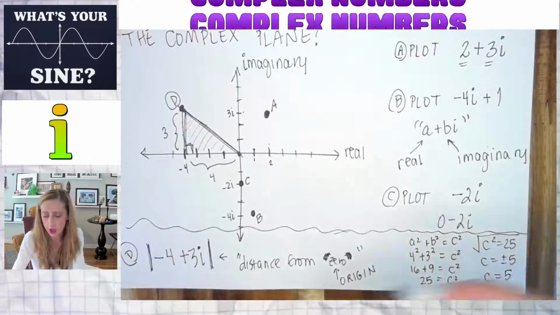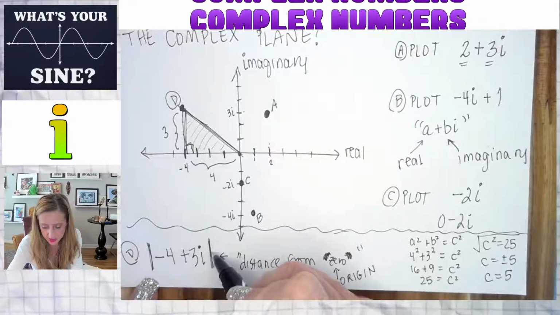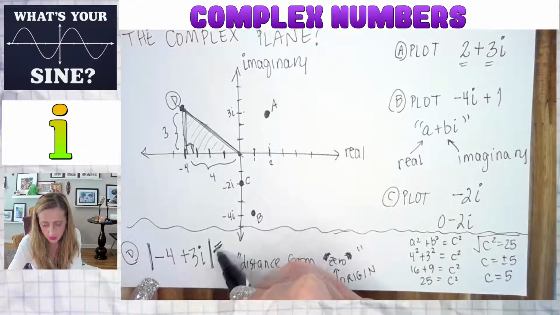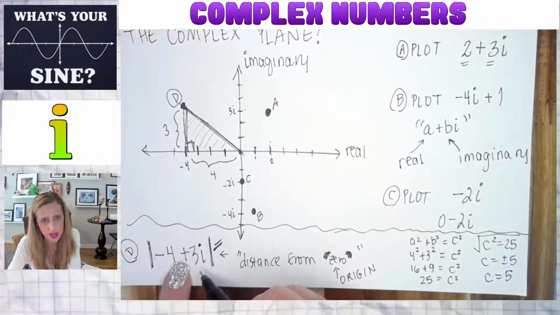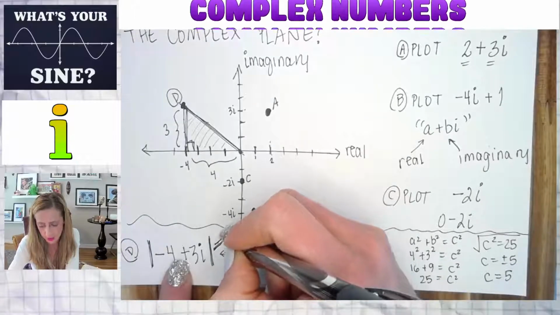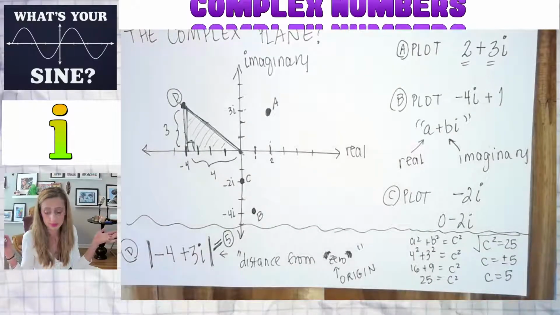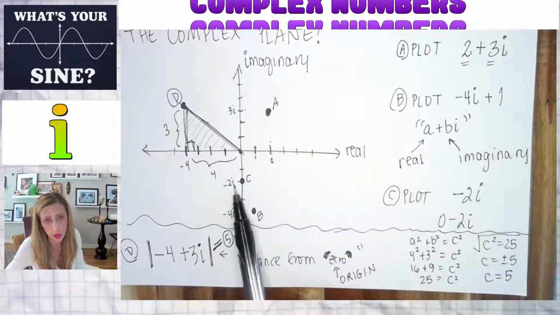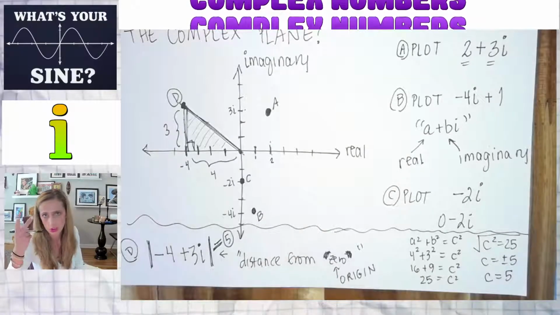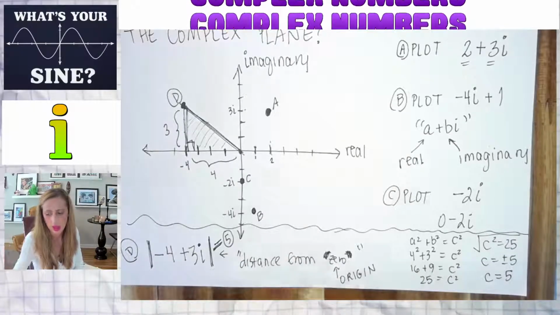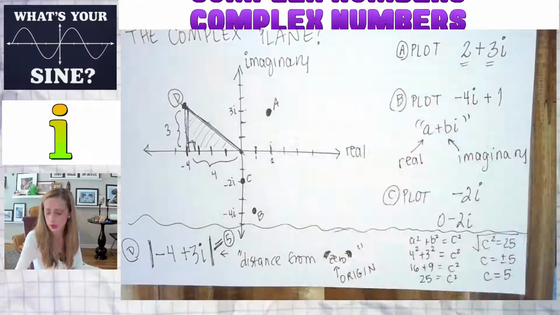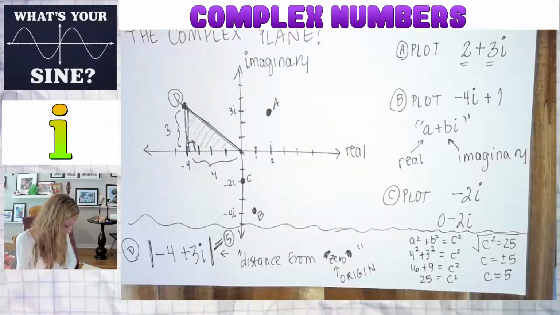That's 5. So that means the answer to the absolute value of that thing, meaning how far that point is from the origin, is 5. That's it. If I ask for the absolute value of 2i, how far is it from the origin? 2. I don't really have to do anything. Anything else? You make a triangle, bust out Pythagorean theorem.